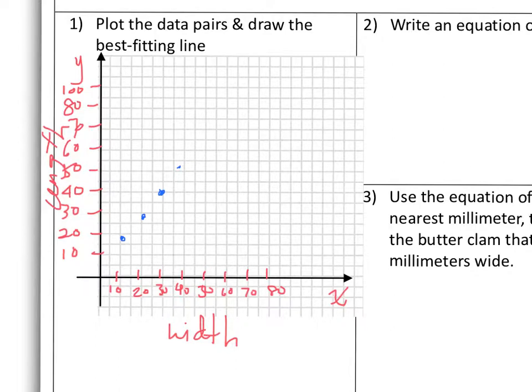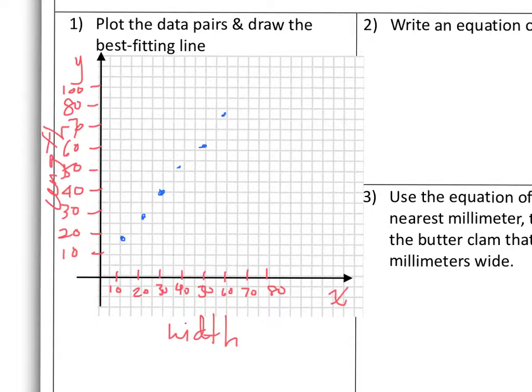And 50 and 62. And 60 and 77. 71 and 91.